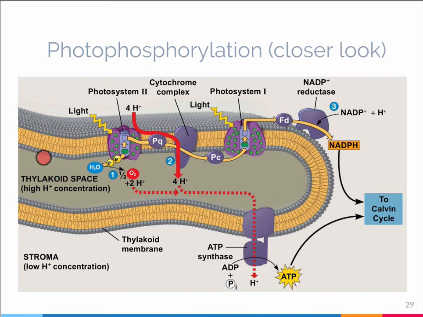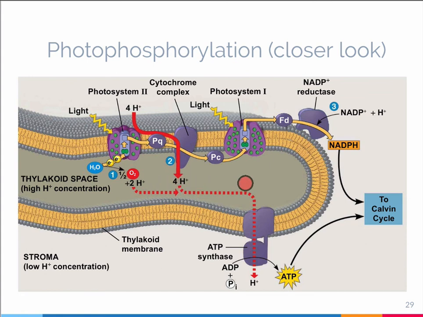You'll notice that the thylakoid space is colored darker and it has a high hydrogen ion concentration. The stroma outside the thylakoid space is colored lighter and it has a low hydrogen ion concentration. So if protons are to be pumped against their electrochemical gradient, they'll be pumped into the thylakoid space. Those protons now have a tremendous amount of potential energy.